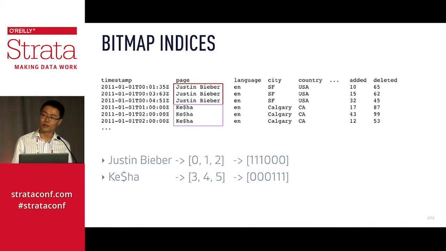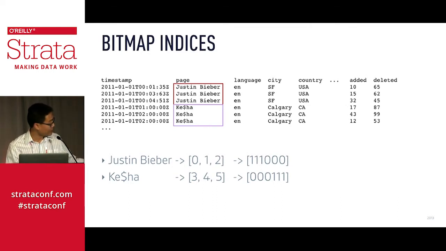Another kind of cool thing that we do in Druid is we build bitmap indexes to help narrow down on the data we actually have to scan for a given query. So in this example that I have here, you can see that Justin Bieber, this value appears in the first 3 rows of our data. So we can create this representation, a binary array, which indicates in what rows a particular value is seen.